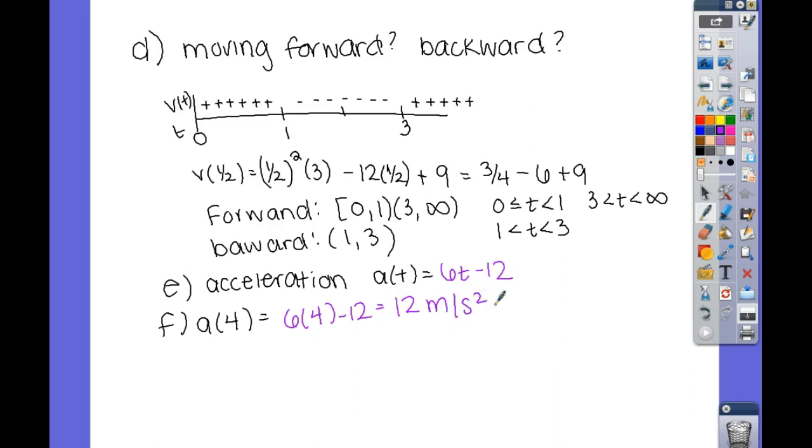Units will be meters per second squared. Let's graph this.